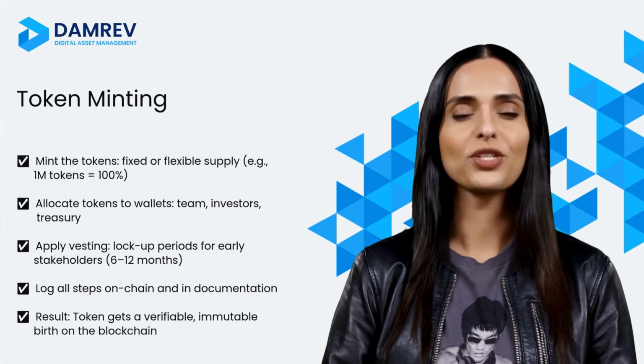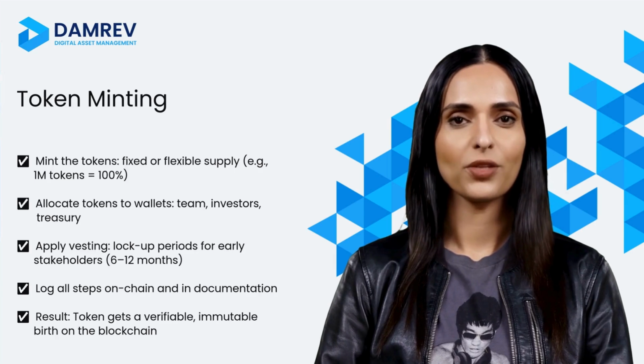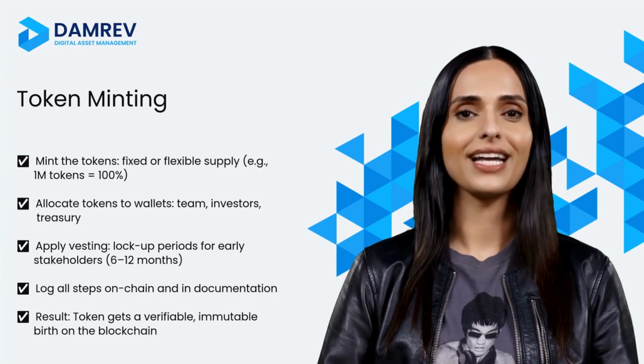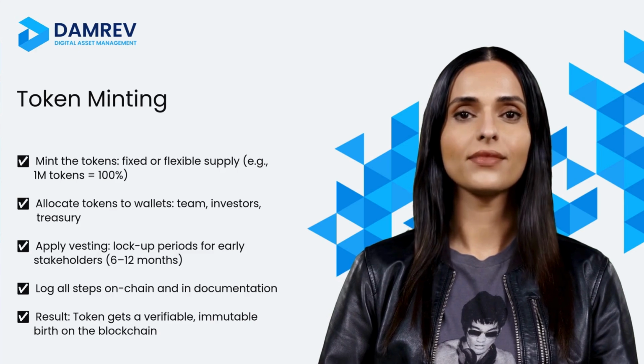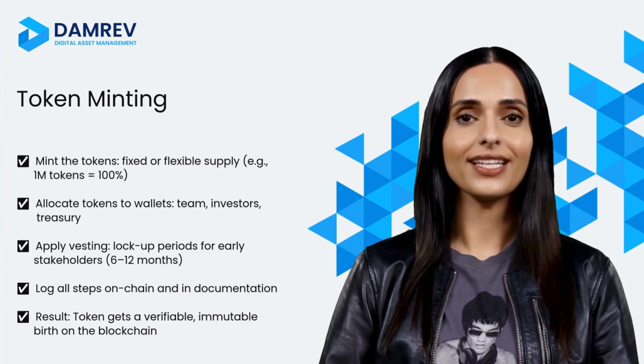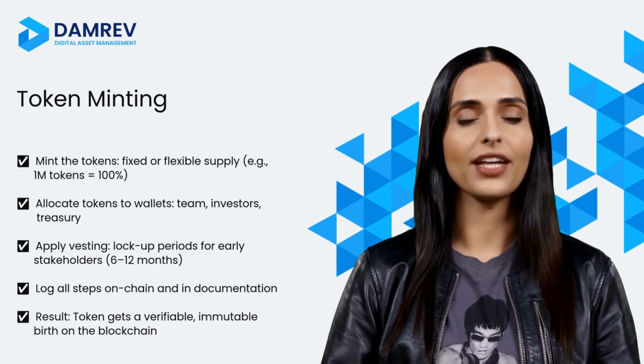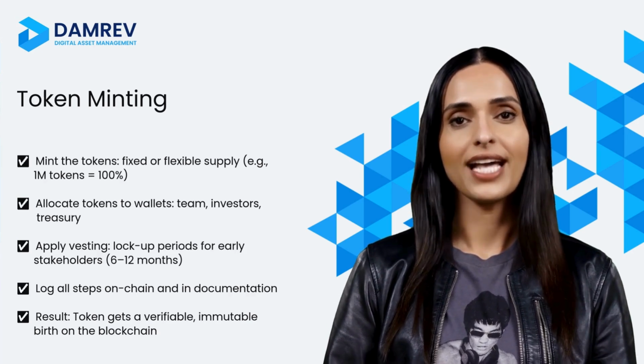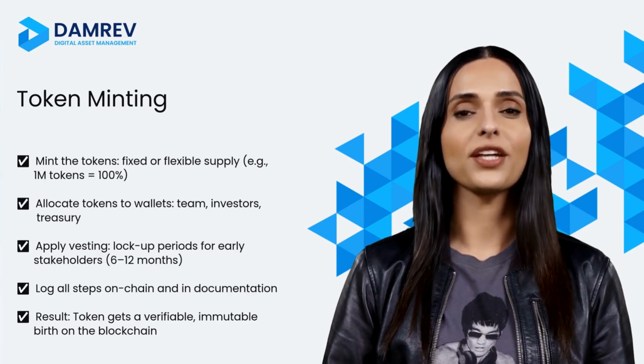Once your infrastructure is ready, the tokens are minted, or created, on the blockchain. This is where the digital version of the asset officially comes into being. Key steps include minting the tokens, often capped to a fixed number. For example, 1,000 tokens representing 100% of the asset. Assigning tokens to wallets.